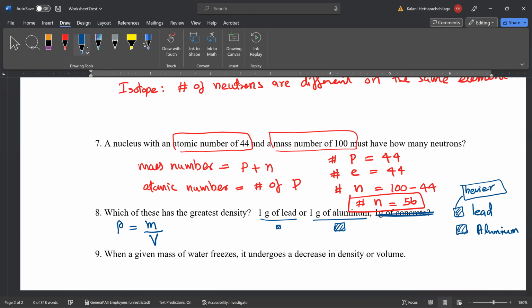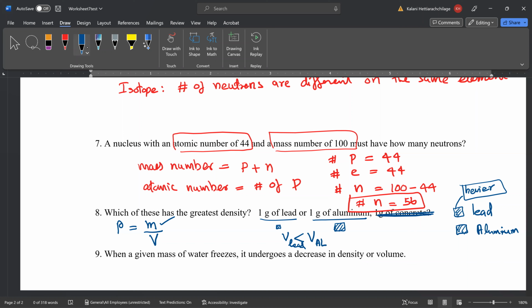Since the mass is constant for both, whichever one has the smaller volume, that means lead. I'm going to write: volume of lead is smaller than volume of aluminium, same 1 gram mass, right?